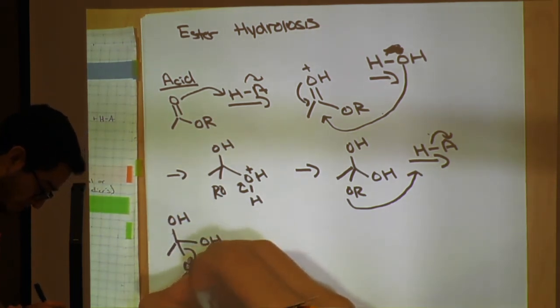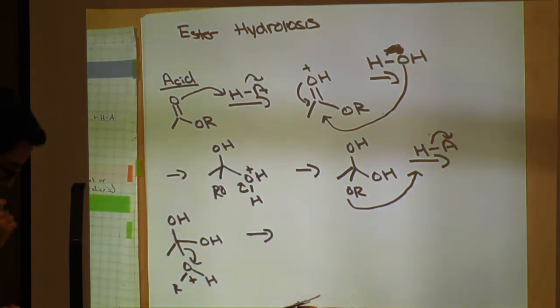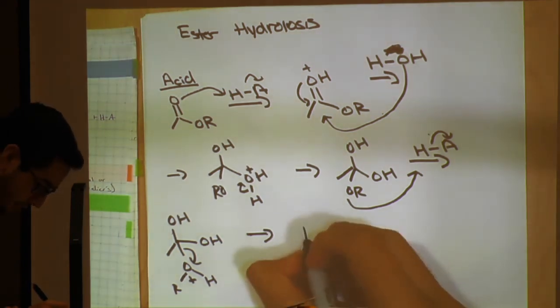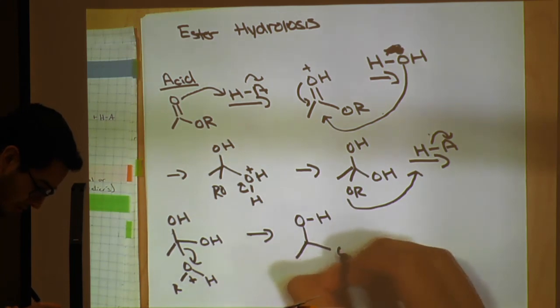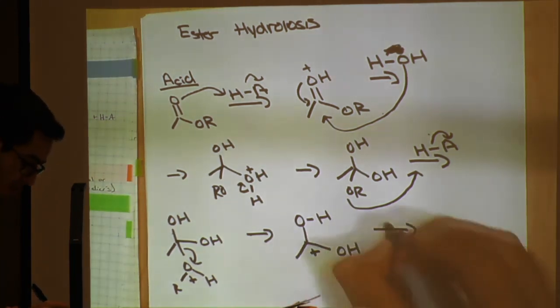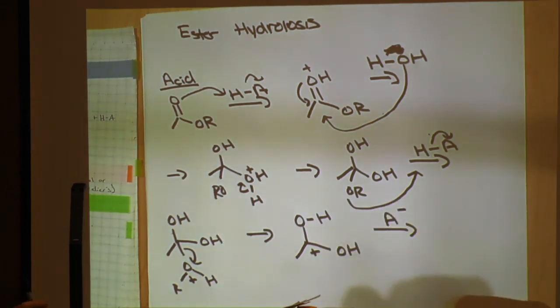This is going to become the leaving group. And essentially we're going to have OH. That's positive, and we're going to use our conjugate base in solution to go ahead and clean up.